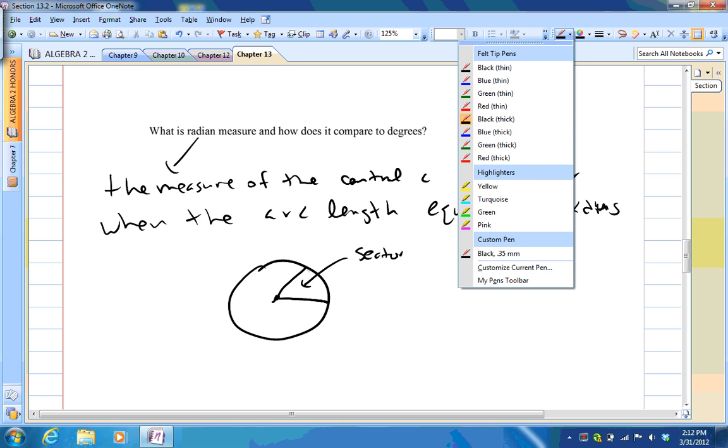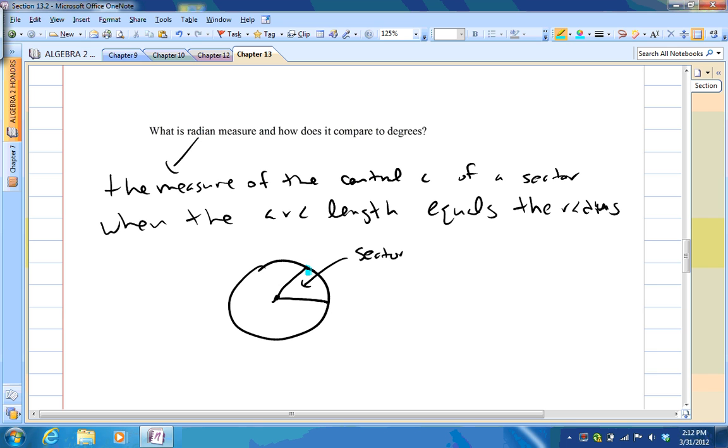This right here is called the arc length. And this right here is called the radius.